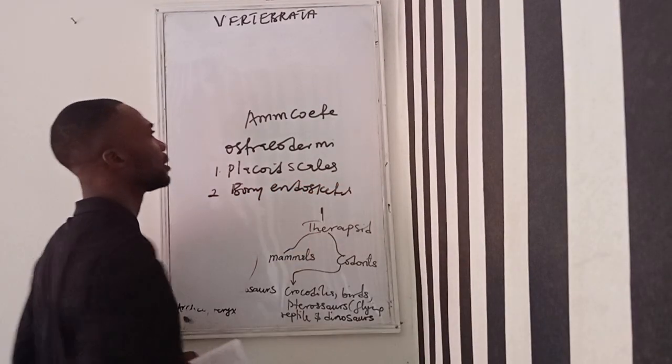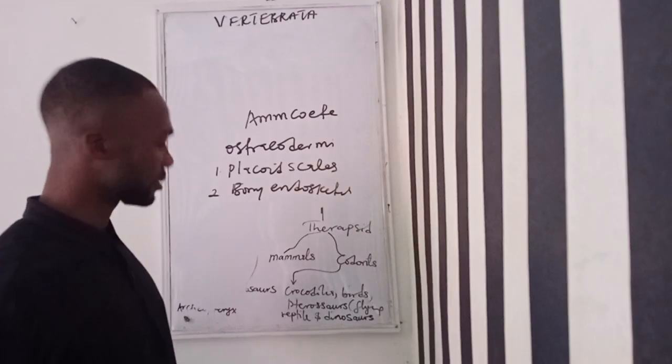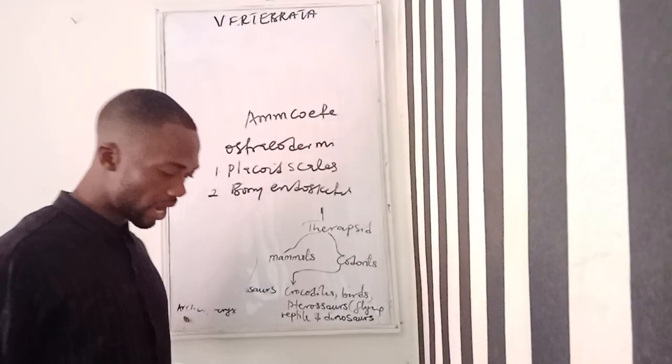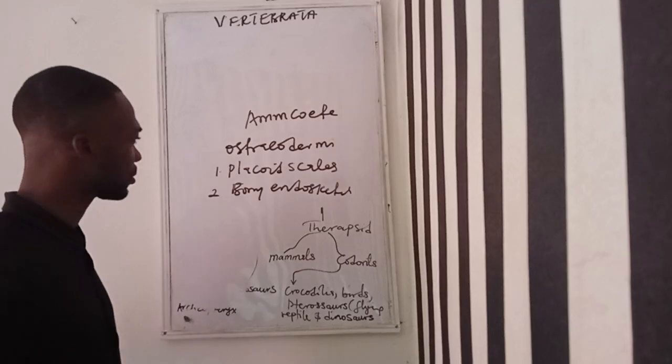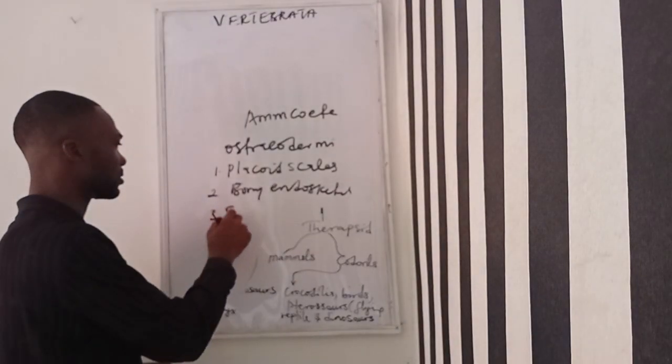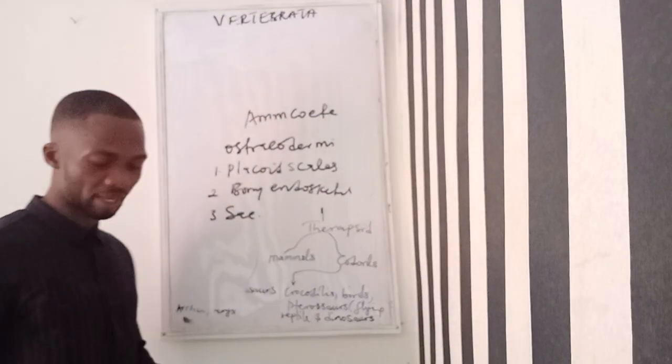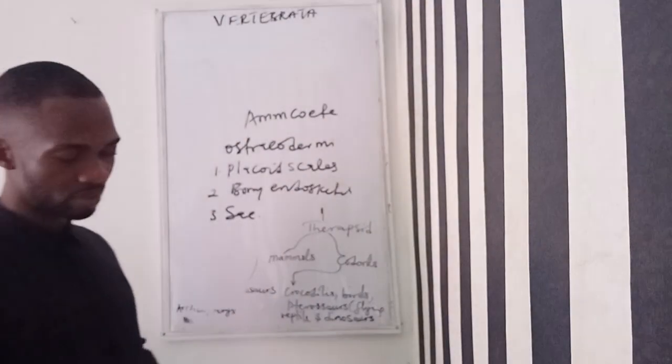Another one is that they have sac-like gills and ossified tissue. They have gills that look like a sac, a bag. So that is it about that.